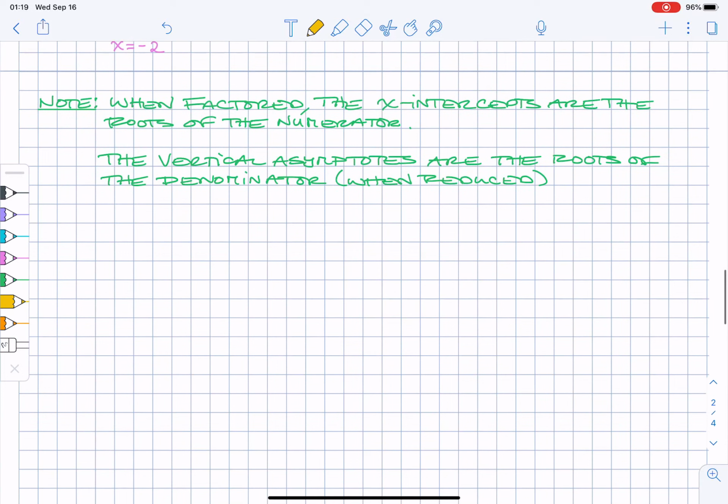So let's define horizontal asymptotes. How do we find our horizontal asymptotes?